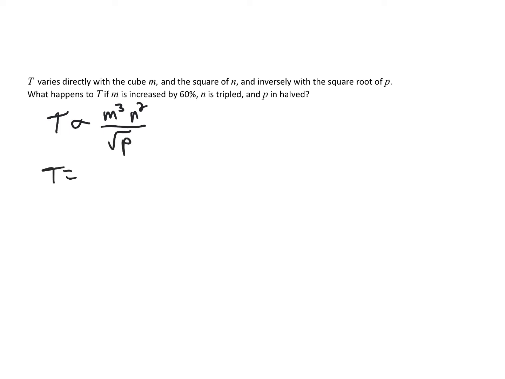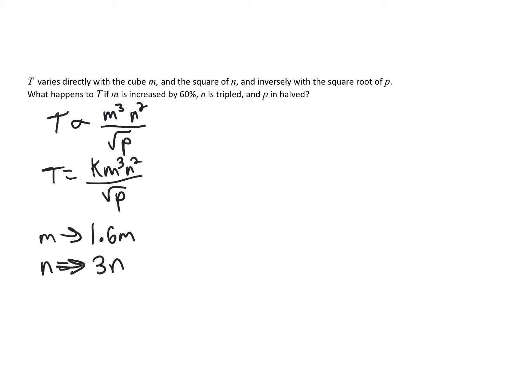So t equals km cubed n squared over root p. Now it says m is increased by 60%. So 60% plus 100% is 160%, which is 1.6 m. N is tripled, so that's just easy. It's becoming 3n, and p is halved, 0.5p.